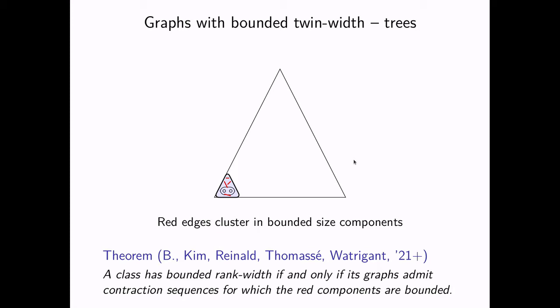Now you would need to characterize linear rank widths with contraction sequences to tweak a bit the way we were putting the red edges, but then it will correspond to the total number of red edges. So if the total number of red edges at any point is bounded, then this coincides with bounded linear rank widths, and path widths would be the sparse version of this.